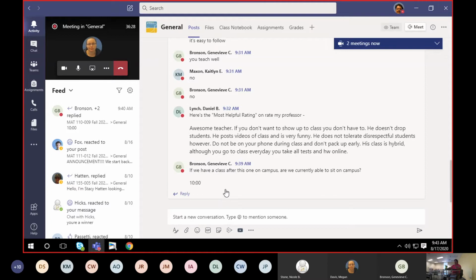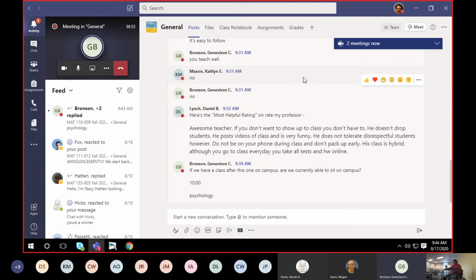You can just type it in if you want to. Psychology. I know several of the teachers might do a hybrid, which means they might want you to come in for one day and then the other day you work online. Say again? What they're currently doing is splitting us up into 3, and on Wednesdays I would have to show up on campus because it's immediately after this.